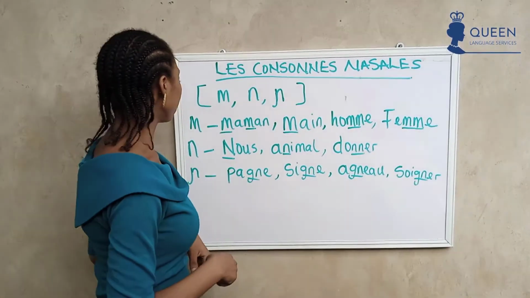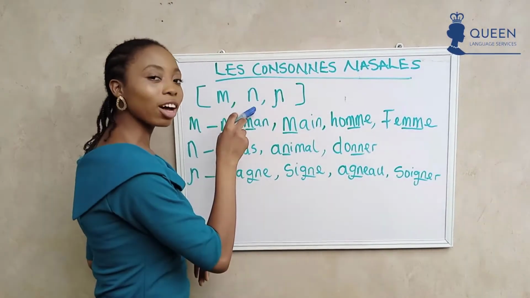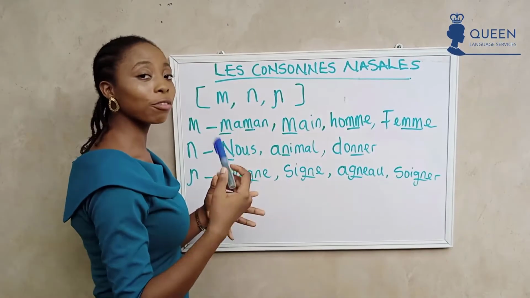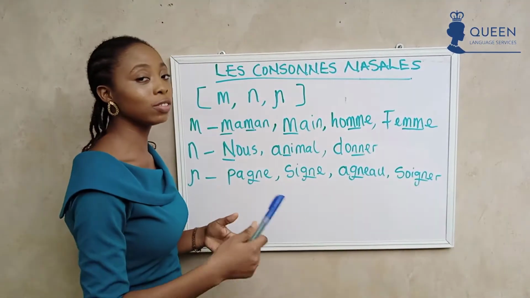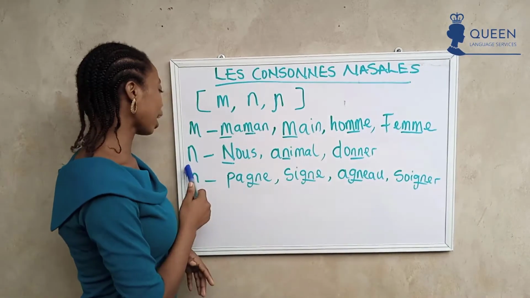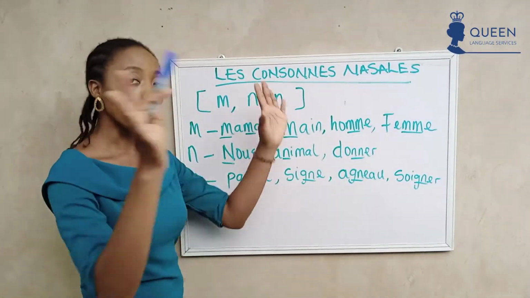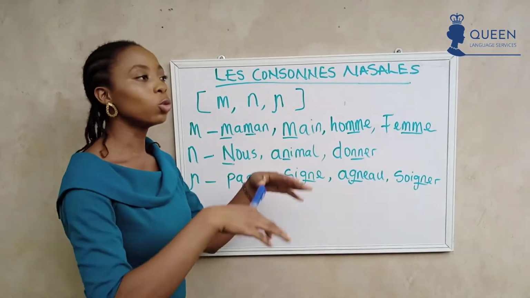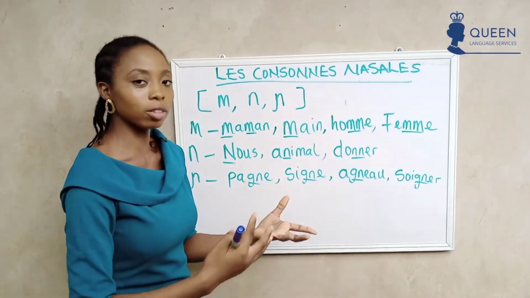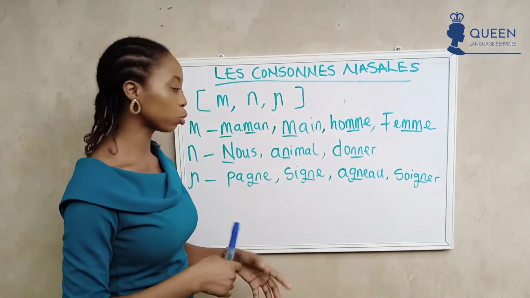So let's continue. We have the N sound, like we said in our French alphabet, and it gives the sound n, in words like nous. Can we hear the sound? It means we. Nous avons une grande maison. We have a big house.